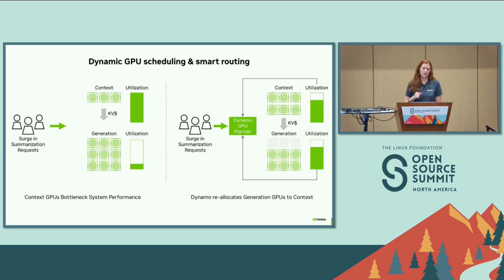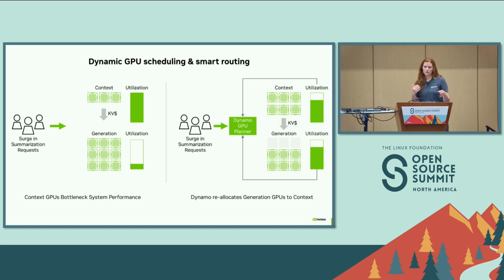Now let's briefly mention dynamic GPU scheduling and smart routing. Here you can see the idea, which I briefly mentioned, and which is the responsibility of our planner. So think about it: you dedicate a small chunk of hardware for the context phase, and that's the prefill phase, and they're responsible for computing KV caches and sending them to the bigger chunk of your hardware, which is responsible for generation.